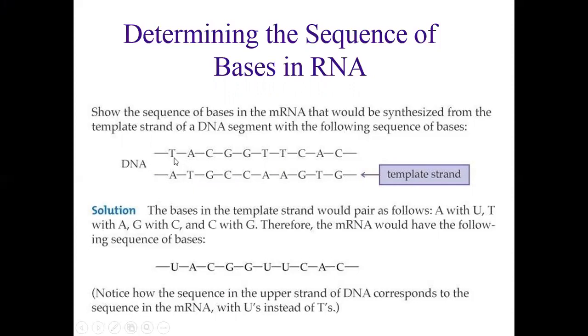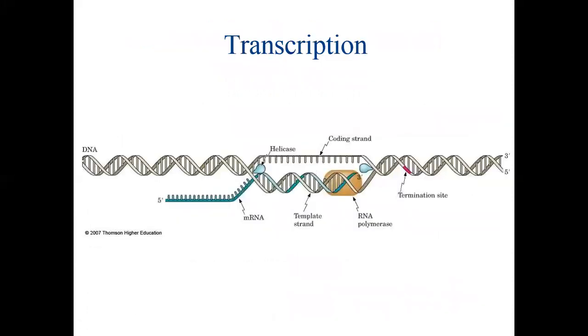Instead of T you write U. So the point is, the RNA strand is just a copy of the non-template strand, and it is devoid of any T; instead of T you write uracil as the base. So here the process of transcription is depicted in a short form.